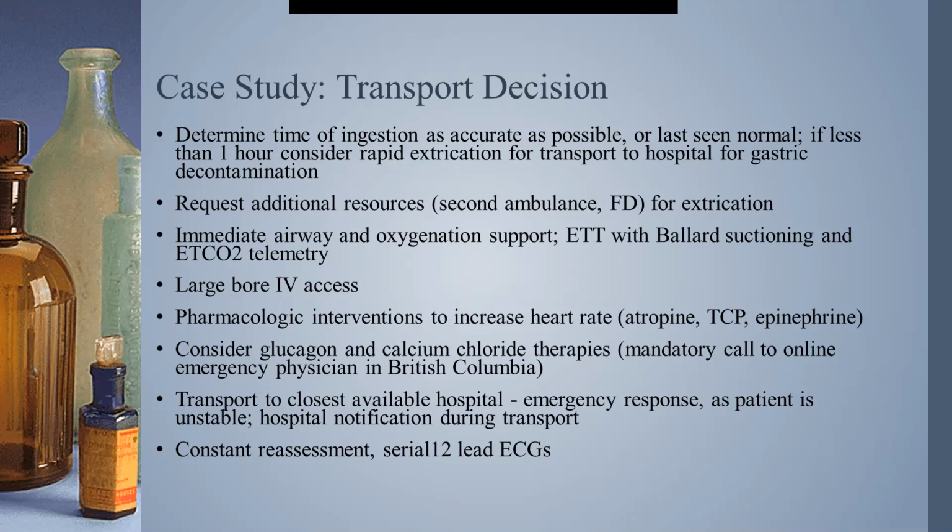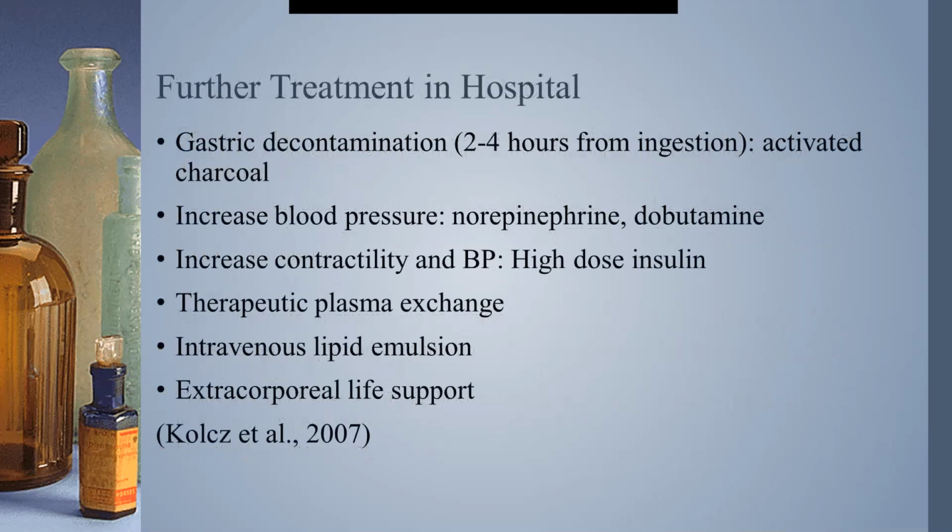Transport to the closest available hospital would be an emergency transport as the patient is unstable, with hospital notification during transport, and for this patient, constantly reassess and do serial 12 leads on the way to the hospital. So at the hospital, further treatments for this co-ingestion overdose: gastric decontamination, as mentioned.